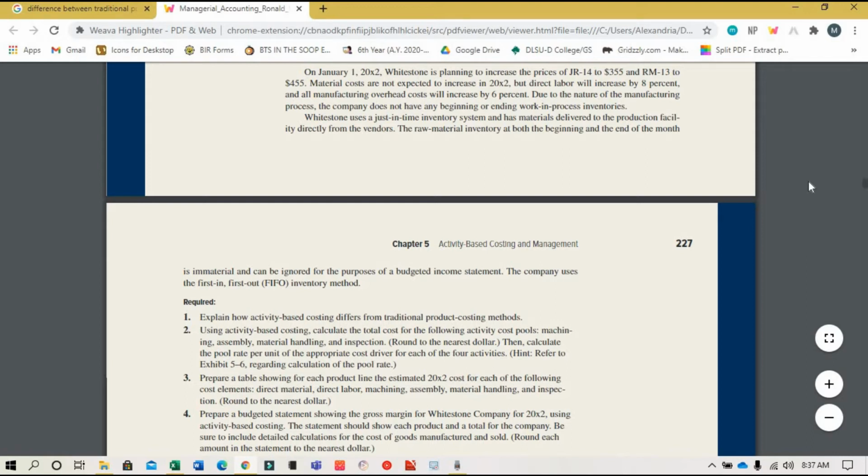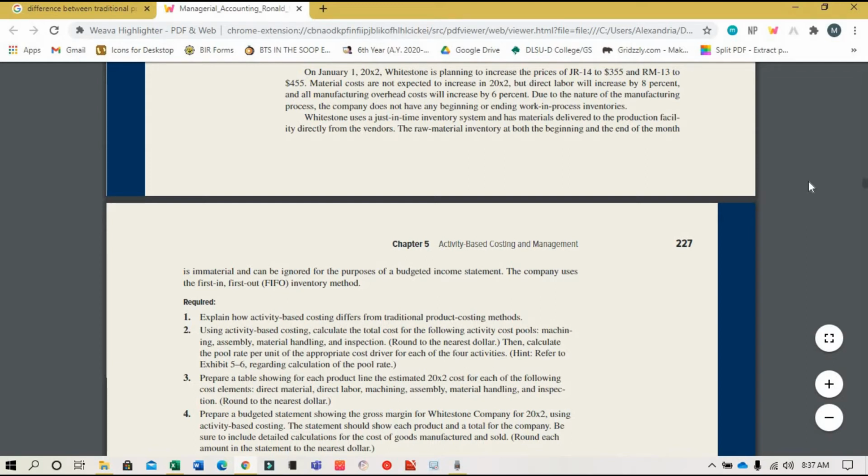Number 3, prepare a table showing for each product line the estimated 20X2 cost for each of the following cost elements: direct material, direct labor, machining, assembly, material handling, and inspection. Round to the nearest dollar.